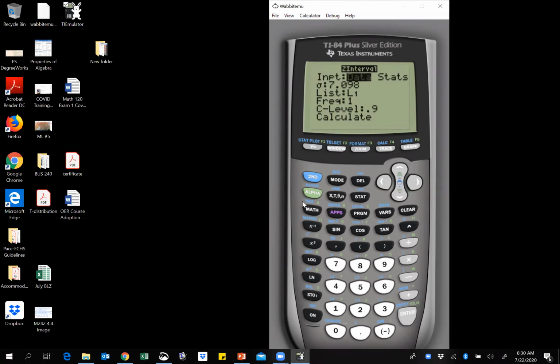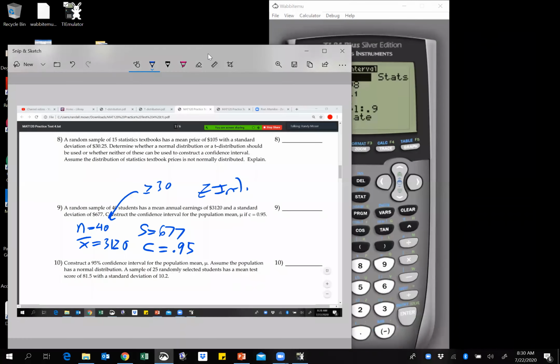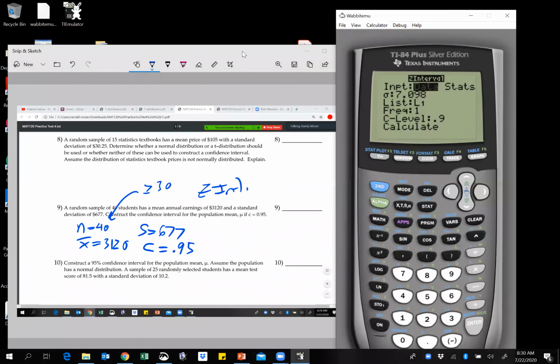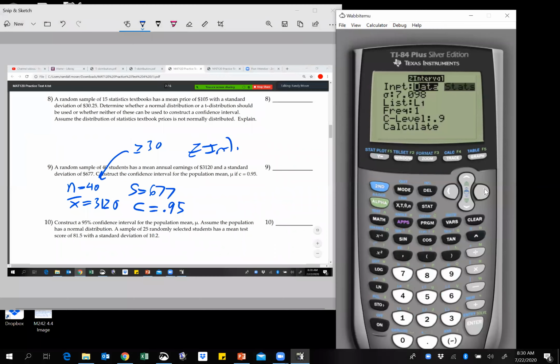Again, you have two options when you're doing this interval. We could either work off of the data, if we actually have to enter the data set, or here we have the summary statistics, so we can work off of the stats option. So I'm going to highlight stats and hit enter. Now we're going to enter the information they gave us. The calculator always labels it by default sigma.